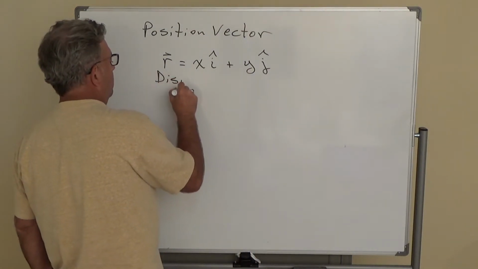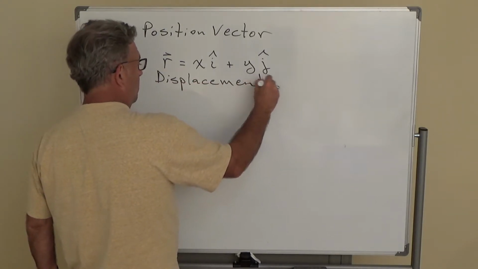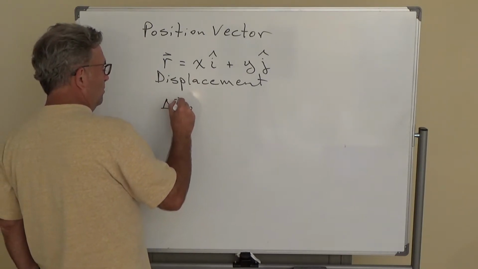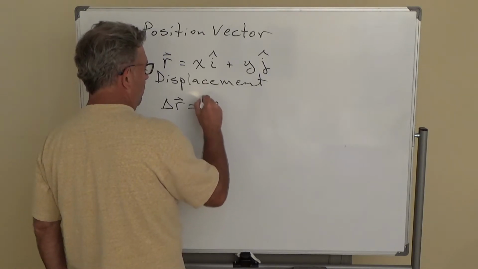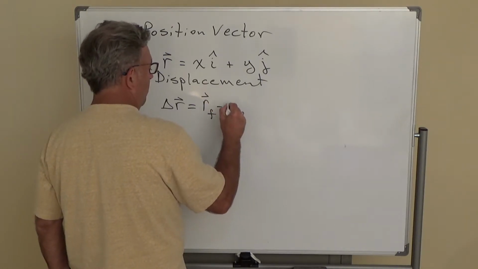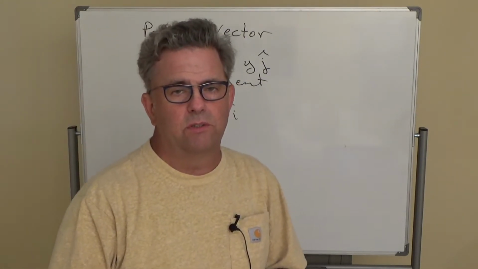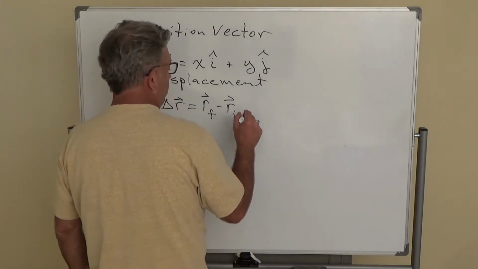Displacement was an extension of this one-dimensional idea. Displacement is delta r, and it is r final minus r initial, so it's the difference in the two positions, your final minus initial.